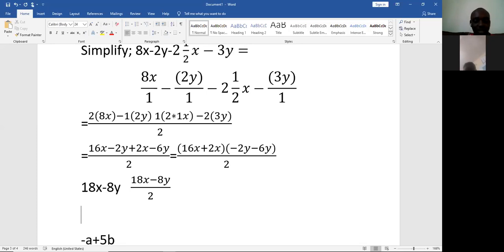Now, let me talk about 3a, 3a squared, 3a cubed. Let me first of all talk about this. Then we want to see whether they are like terms.